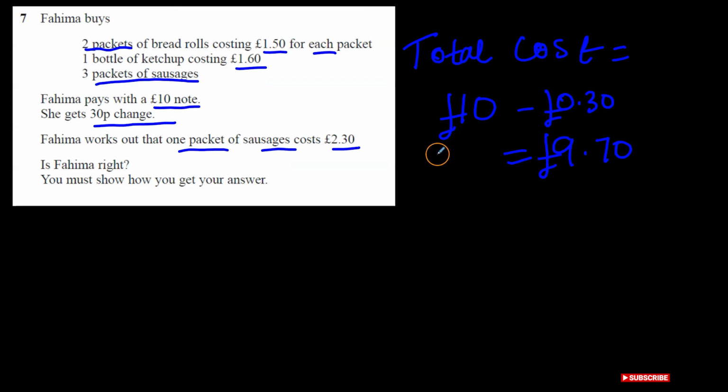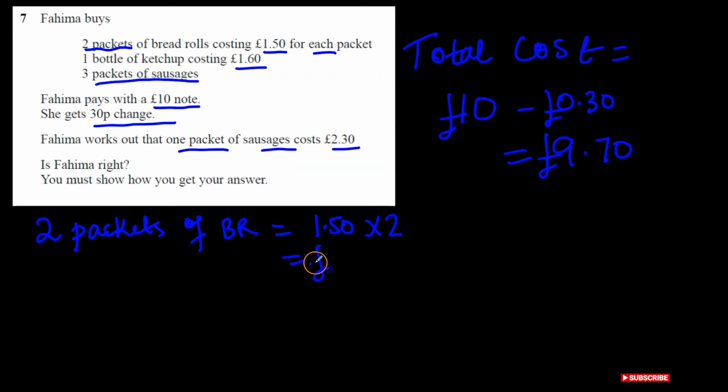So we know all these items, including the 3 packets of sausages, cost £9.70. So let's work out how much it costs to buy 2 packets of bread rolls and 1 bottle of ketchup. So 2 packets of bread rolls, that's going to be equal to £1.50 times 2, which is equal to £3.